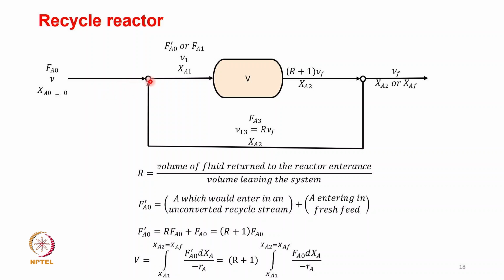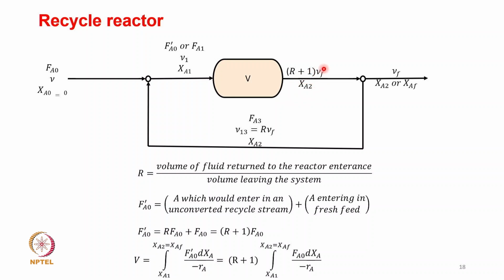The recycle stream having XA2 conversion has volumetric flow rate R times Vf, with FA3 as the molar flow rate, and eventually when it is mixed up, you may represent this as FA naught prime, because it is just a reconstituted FA, or a new variable FA1 having V1 and XA1, which is going out as R plus 1 times Vf, the volumetric flow rate with the conversion of XA2.